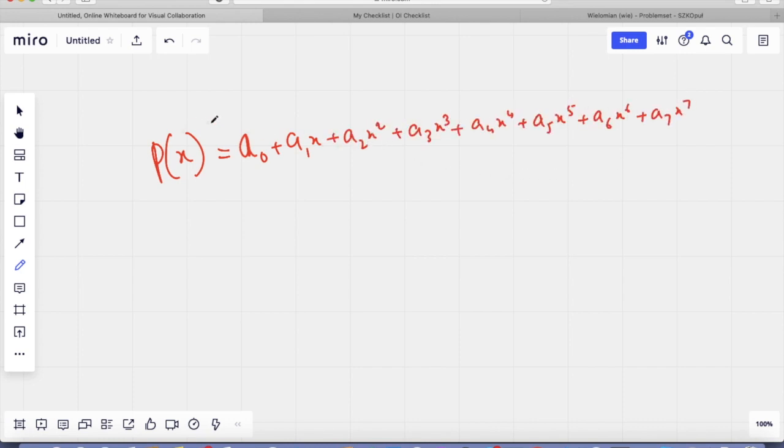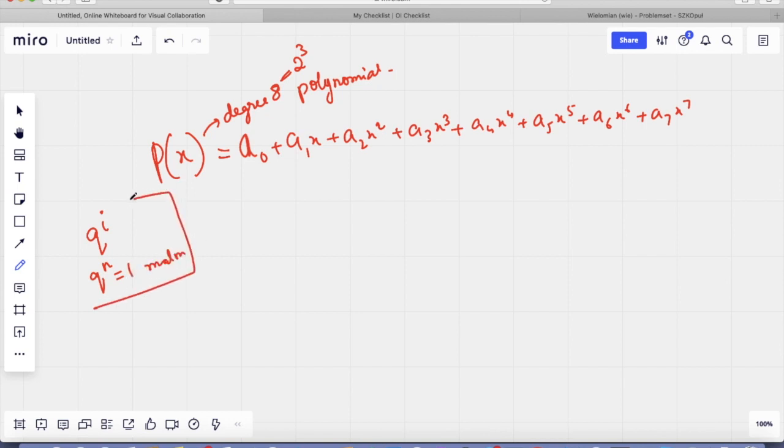So this is a degree 8 polynomial. 8 is obviously a power of 2, and we are to evaluate this polynomial at the points q^i, and we are also given that q^n is equal to 1 modulo m. So henceforth in everything that we do, just assume that we are taking modulo m everywhere.